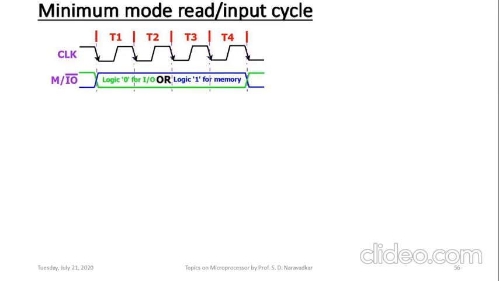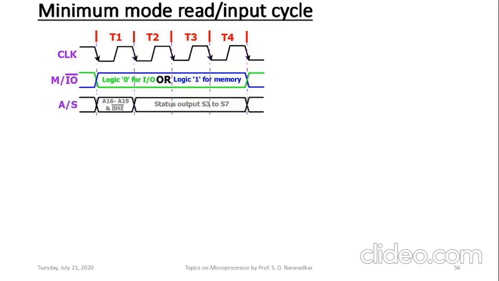It means that if my bus cycle is a memory read bus cycle, then for this M/IO bar signal, the blue colored diagram is to be drawn. For an I/O read bus cycle, the green colored diagram is to be drawn. Instead of showing one more slide for memory read and I/O read in minimum mode, this has been compiled together in a single place.